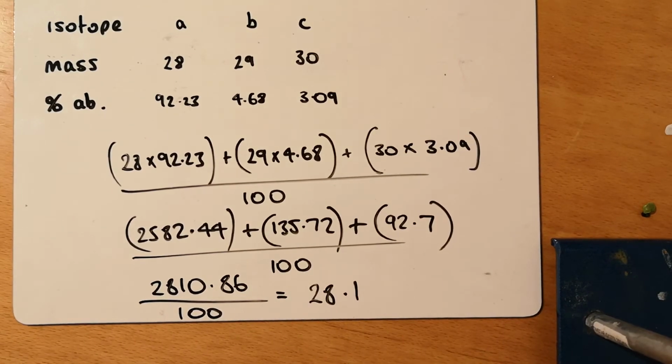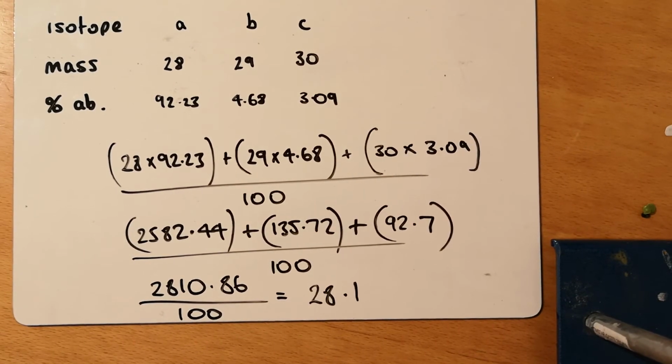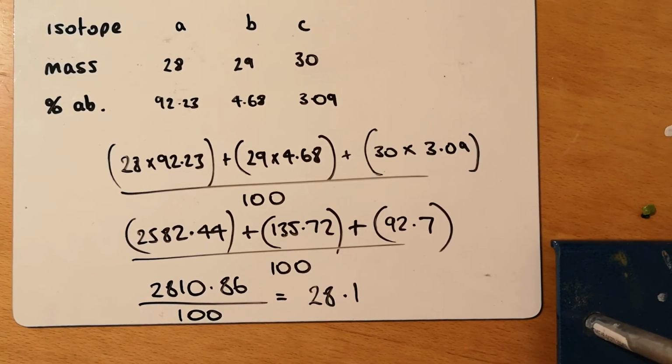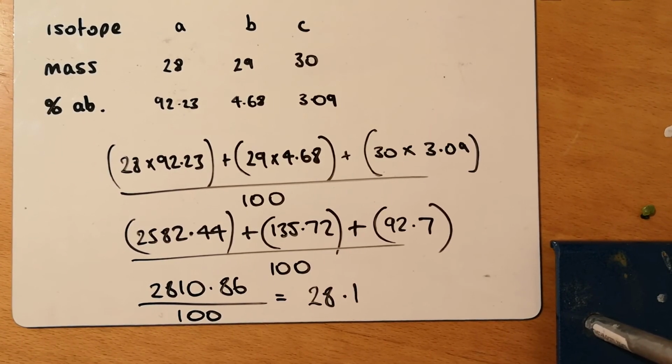We'll round it down to 28.1. You can look at the periodic table and identify what the element is, and that is relative atomic mass.